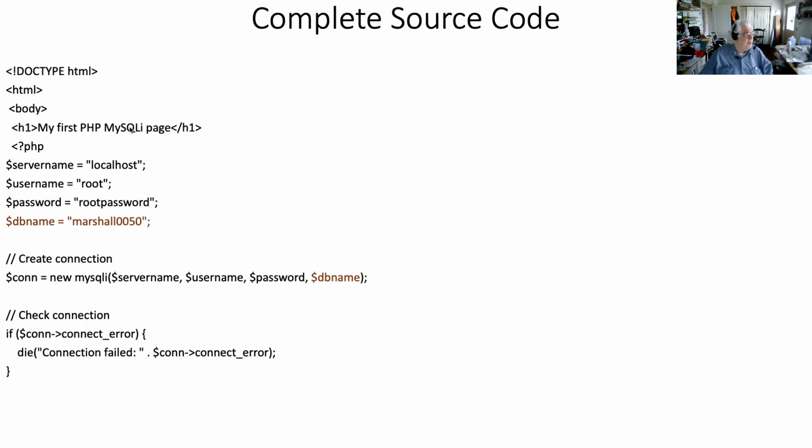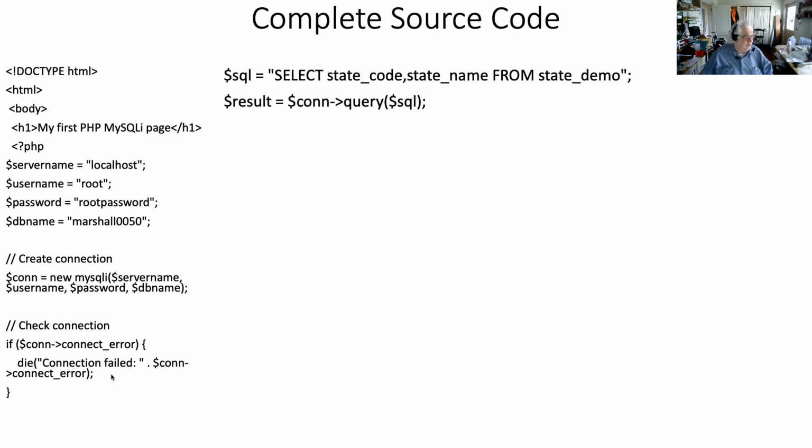So here's the complete source code. We defined the local host, the server name, the user, the password, the DB name I'm going to use, because now I'm getting ready to need a table. I've got a connection. Well, I'm creating a variable with this class, and I'm checking to make sure it worked.